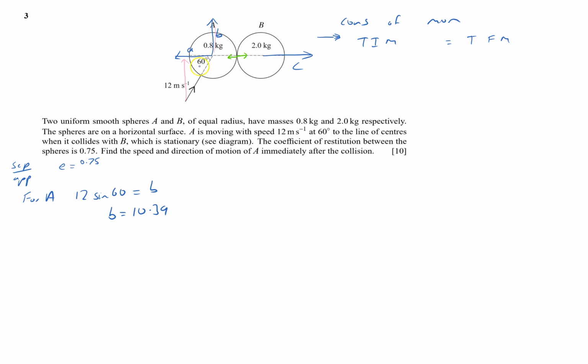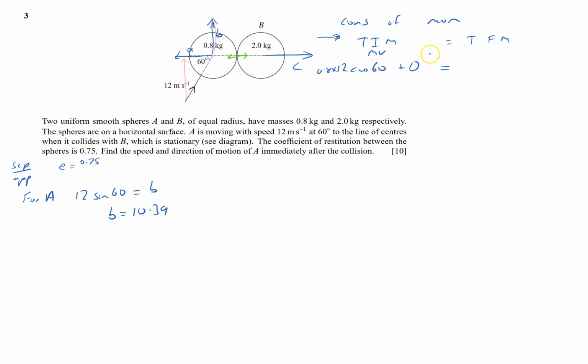So what have we got to start off with? We've got 12, it'll be this bit here, 12 cos 60, times the mass. Let's put down mass times velocity: 0.8 times 12 cos 60. Plus the other one, oh, that's 0, isn't it? I didn't really put that in there.